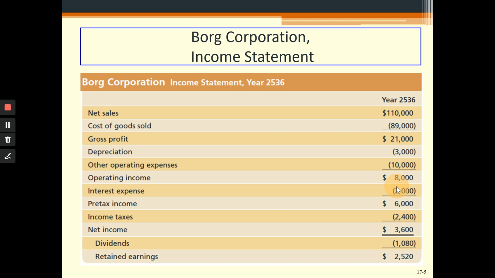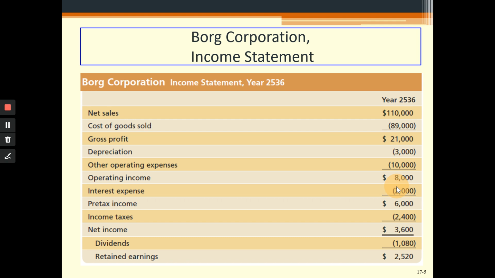So 4% of 10,000 is 400, and 8% of the 20,000, because they are paying 8% on 20,000, which is the long-term liabilities, then it is 1,600. So 1,600 plus 400, 2,000 they are paying under the head of interest expense.